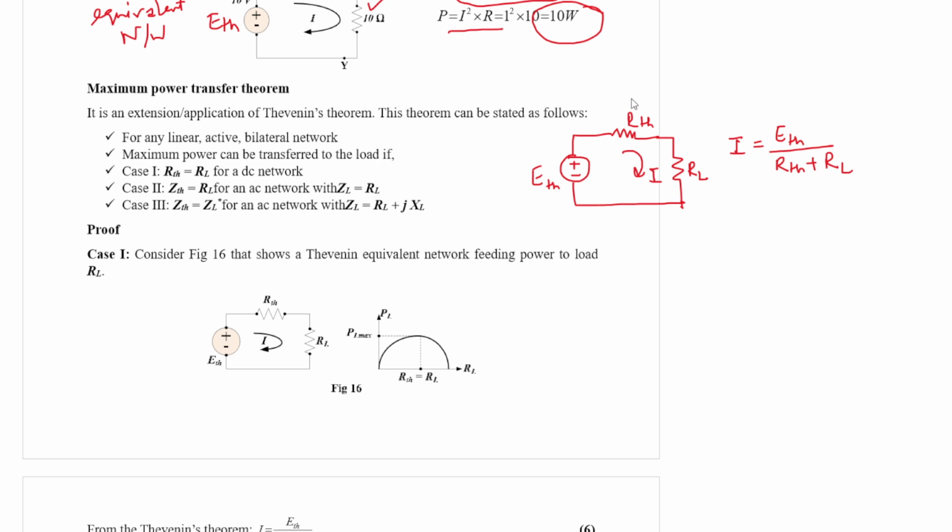What it states is this: consider that for this load resistance we have a variable load resistance, so its value can be altered. Let us say it can be varied from 1 ohm to 100 ohm. Naturally, if we vary the value of RL, then the current will also vary.